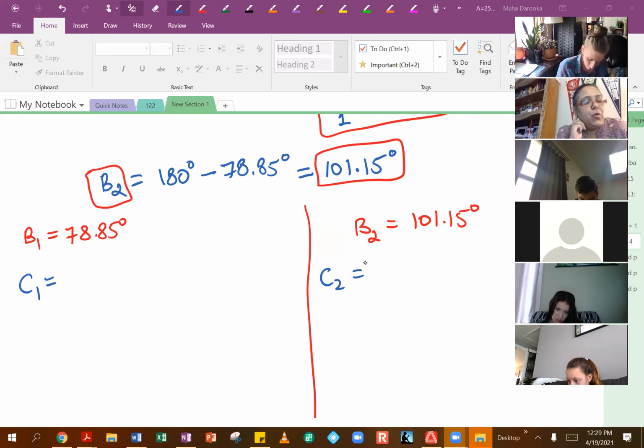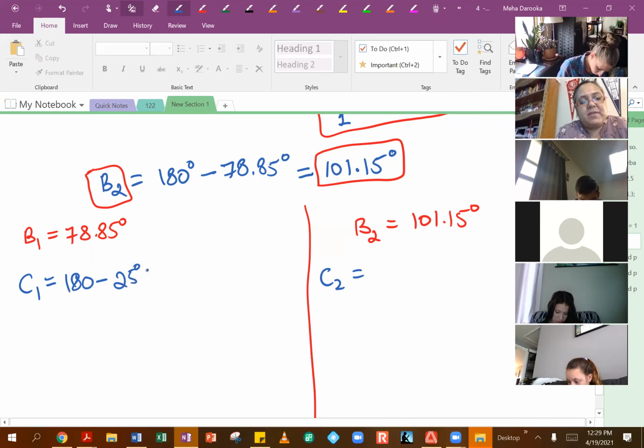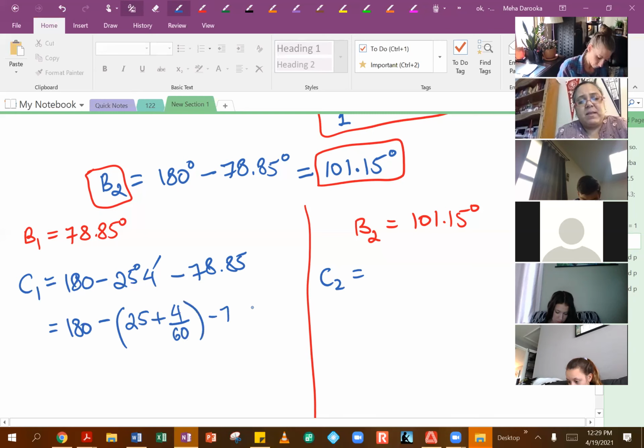And again, for those 4 minutes, if you're writing this out, 180 minus 25 degrees, 4 minutes, minus 78.85. If you're typing this in your calculator, you can do 180 minus, and then I would just put that in parentheses, 25 plus 4 over 60, and then minus the 78.85. So you don't have to worry about those repeating decimals.